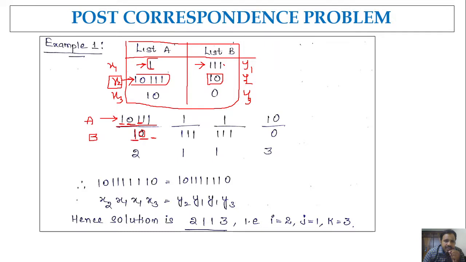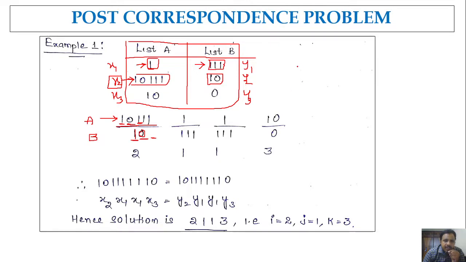x1. Because if we select x1, from list B we will get 1 1 1, triple 1. By doing this, the third symbol in A will match the third symbol in B. The next option is that you may also select x2.